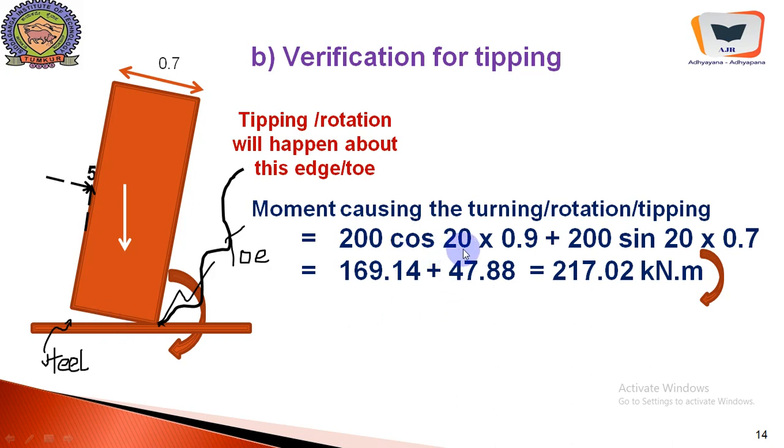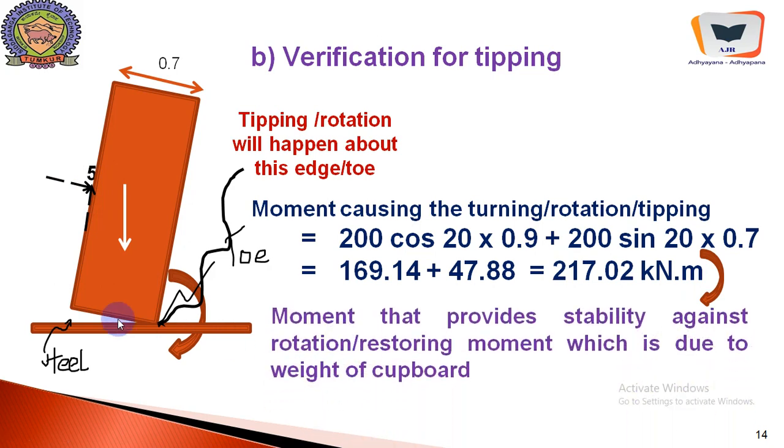So 200 cos 20 into 0.9, this is the height, and 200 sin 20 into 0.7. This has a moment arm till here and this has the moment arm till here. When we accumulate this, it is a clockwise 217.02 kilonewton meter, exclusively generated by these two forces.